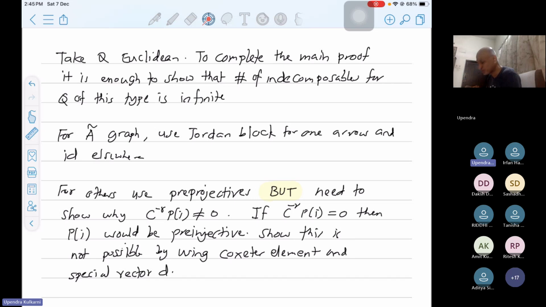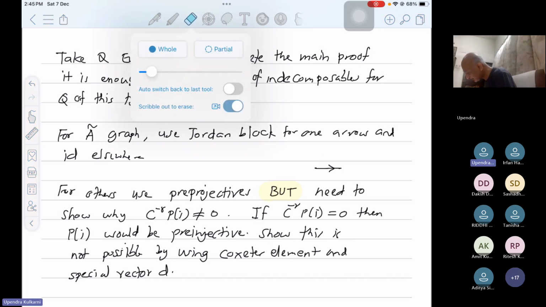All right. So now I make two cases. For the A tilde graph, there is a cycle, no? So for the cycle, I use this trick. Let's just do a schematic over here. So there is this cycle. And you see the cycle may be directed, not directed, it doesn't matter. So whatever, there is some cycle.